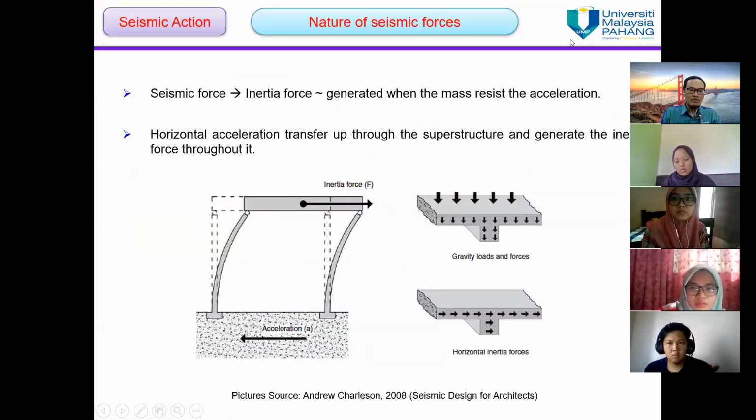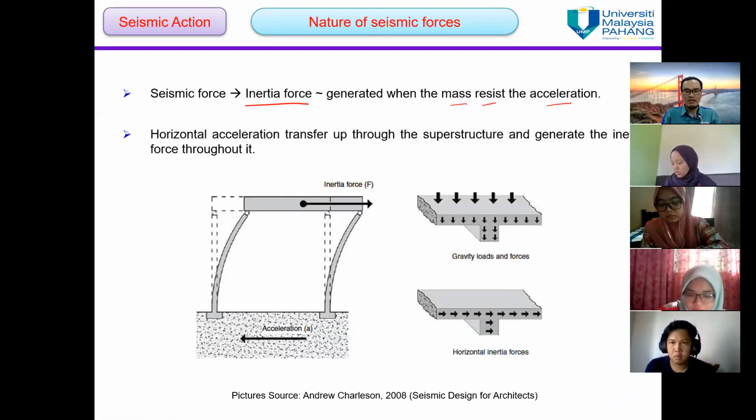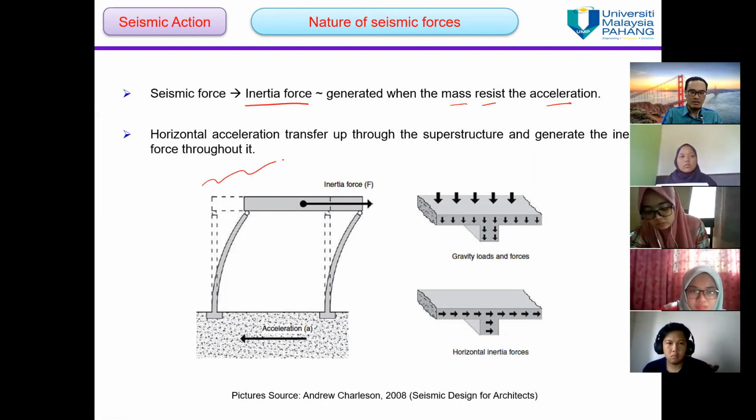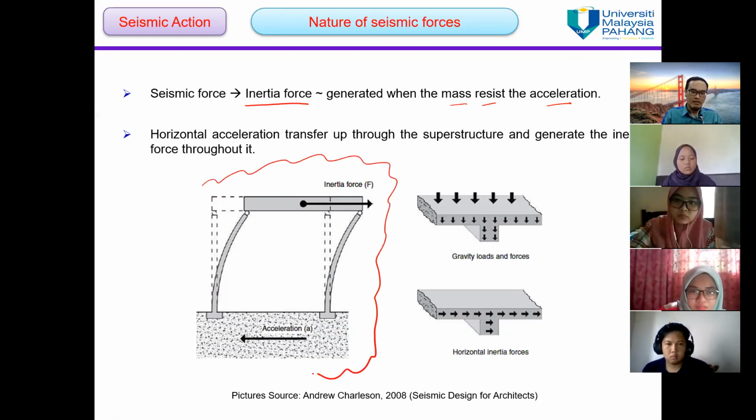Okay, seismic force is acting on a building in the form of inertial force, which is generated when the mass resists the acceleration of the ground. Horizontal acceleration transfers up through the superstructure and generates inertia throughout it. You can see this figure.